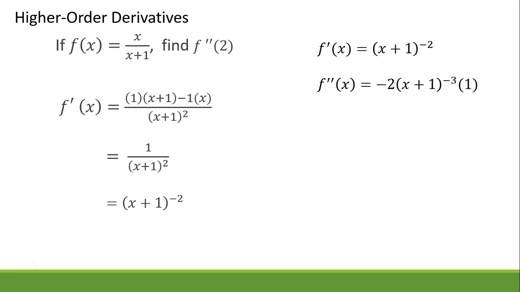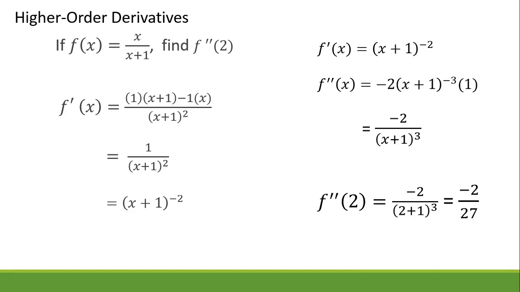If we simplify that to negative 2 over (x plus 1) to the third, we'll find that it's easier to finish this problem, because we want to evaluate this second derivative when x is 2. So if we substitute 2 in for the x in our second derivative, and then simplify using order of operations, we'll find that f double prime of 2 is negative 2/27.